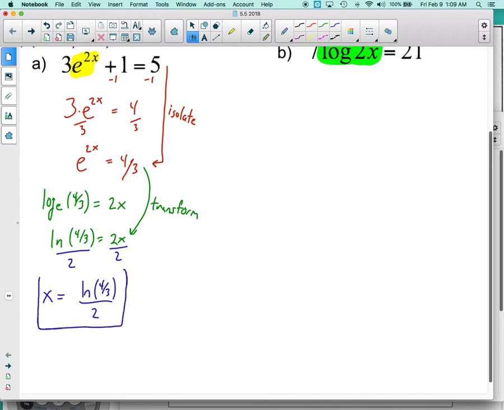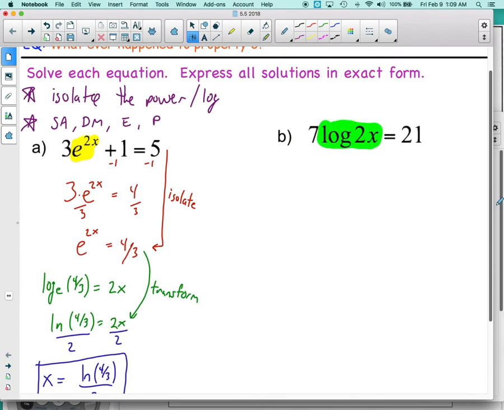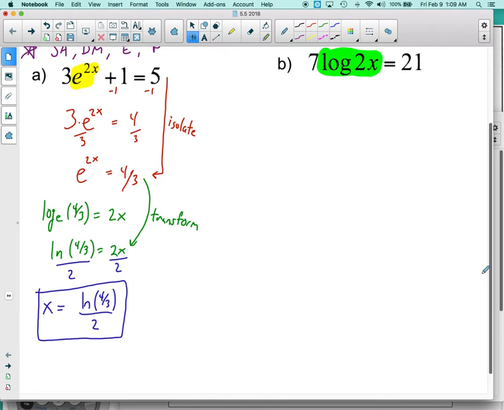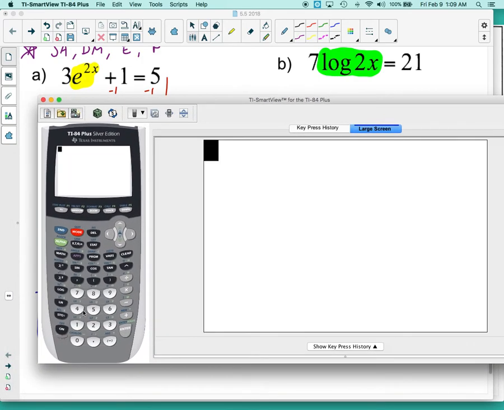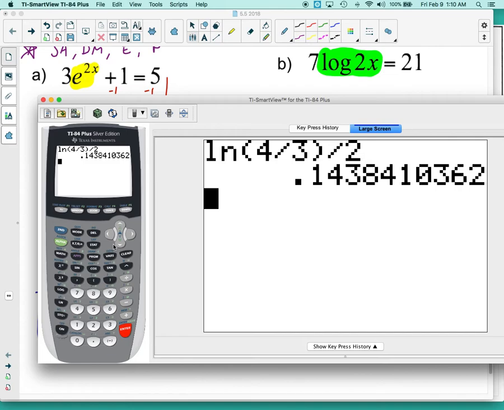The problem said write all your answers in exact form. Of course, you might be curious what that equals, so let's look at our calculator. We said the natural log of 4/3, so maybe better close those parentheses and then divide it by 2. To the nearest thousandth, that's 0.144.